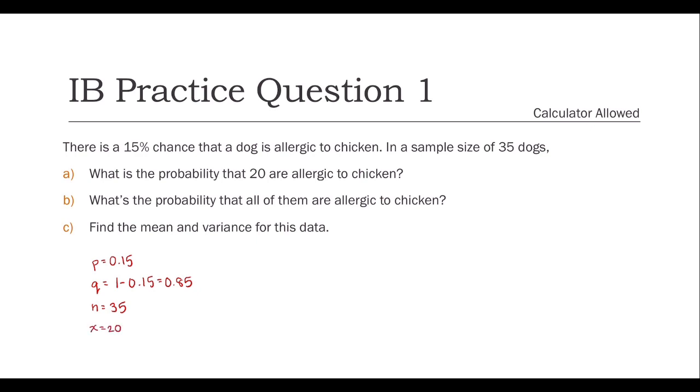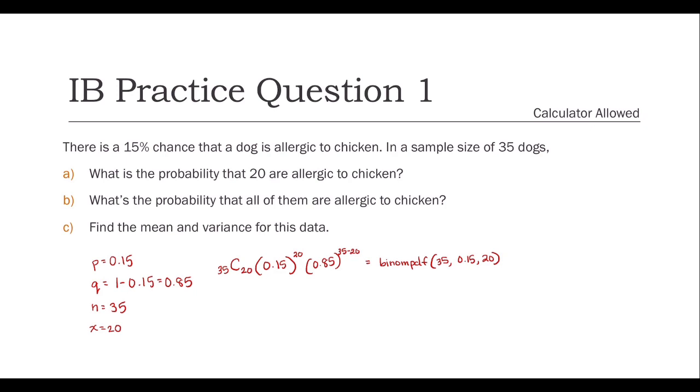So we could use our equation and do N choose X times the probability of success to the number of times we're having success times the probability of failure to our total minus the number of successes, so the number of times we have failure. This would be one way to do it, or we could just use our calculator and use our binomial PDF where our number of trials is 35, our probability of success is 0.15, and our number of successes is 20.